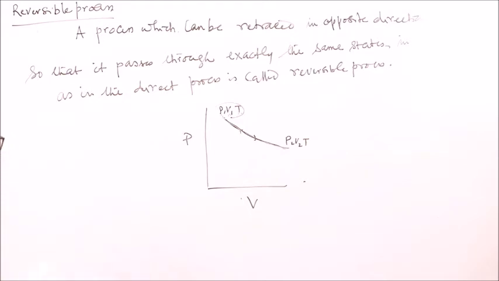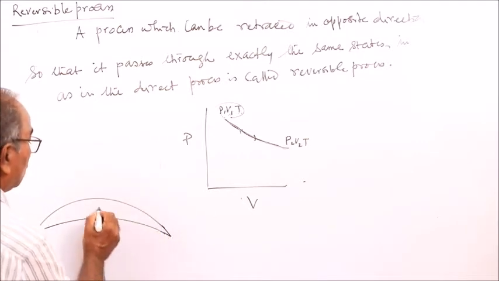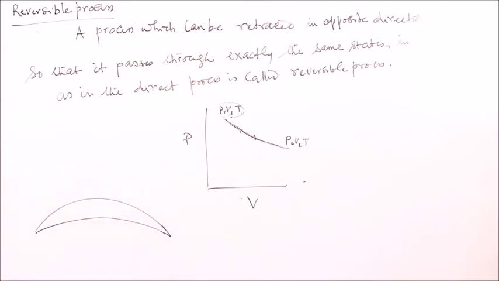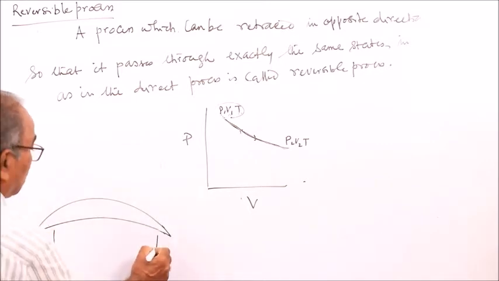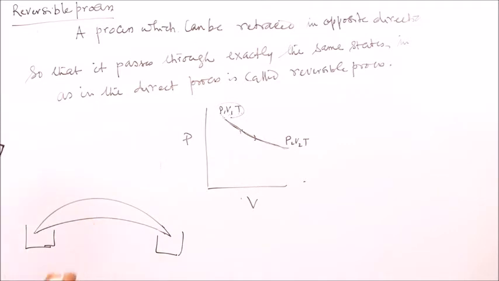Similarly, take two dissimilar metals, copper, iron and similarly other metals, joined at two ends. There are two junctions, dipped in a liquid.